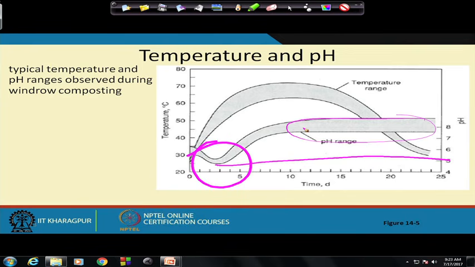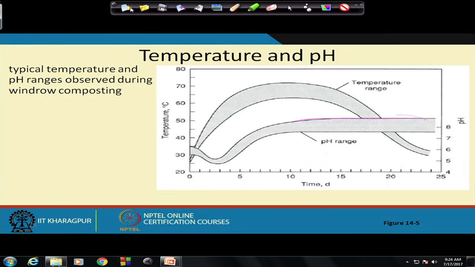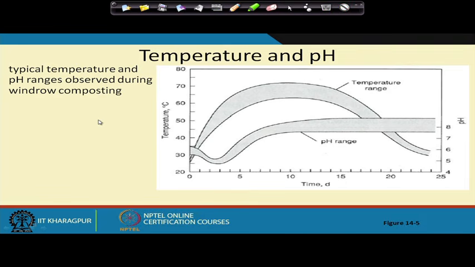And once the composting is done, the pH goes down to around 7.5. That's the typical pH you will see. So this is just showing you a temperature and pH profile of a typical windrow composter, and how the temperature and pH change over a period of time as the composting process takes place.